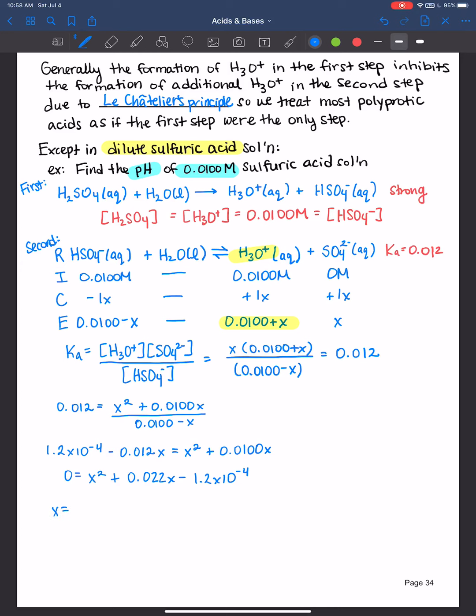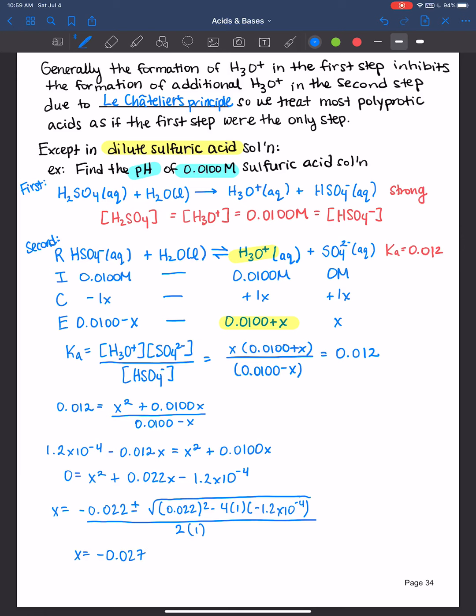And then set it up to the quadratic to find the two solutions for X. So remember, it's -b plus or minus the square root of b squared minus 4ac over 2a.